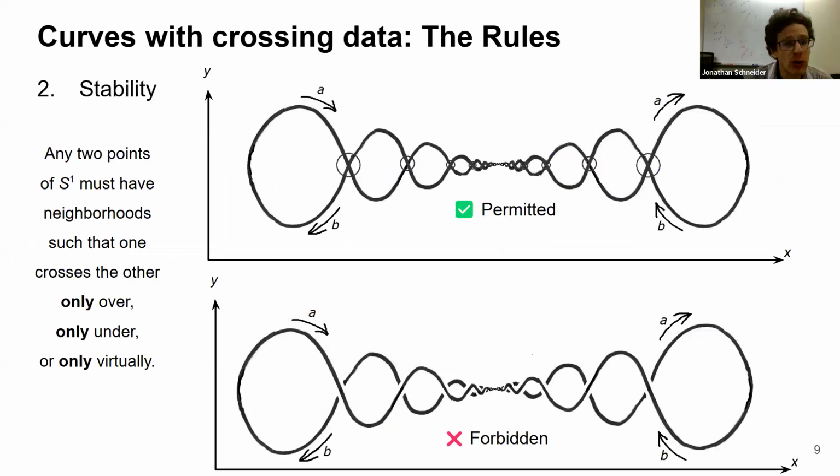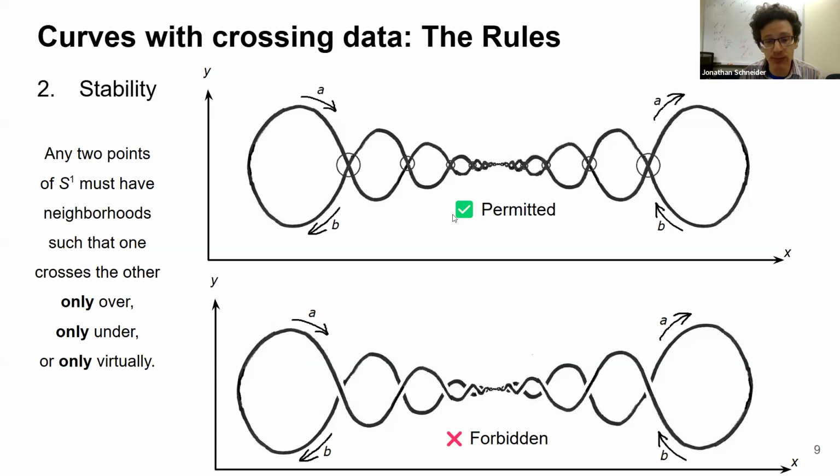There are more rules. In addition to linearity, we have stability. The crossing data on a curve has to follow this rule that wherever you have 2 pieces of the circle crossing each other, let's call them 2 intervals from the circle crossing each other, those 2 intervals have to cross each other where one is strictly over the other and one is strictly under the other.